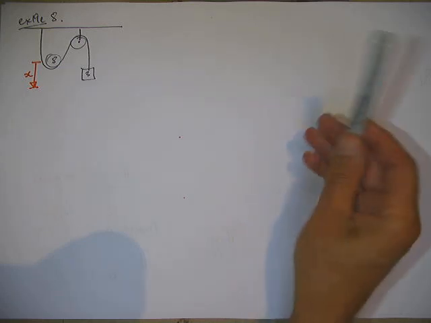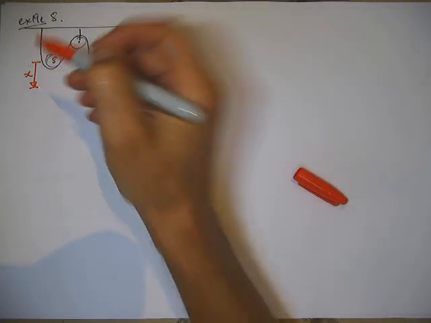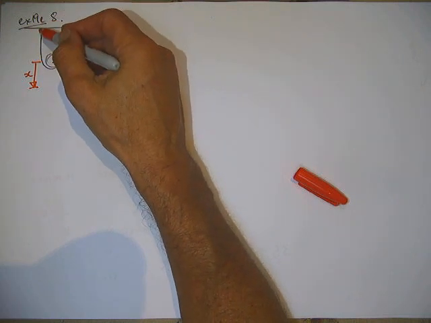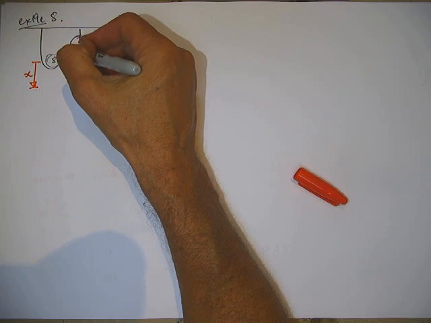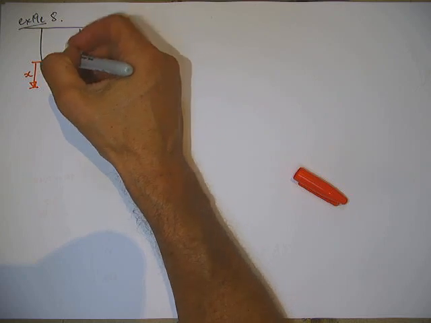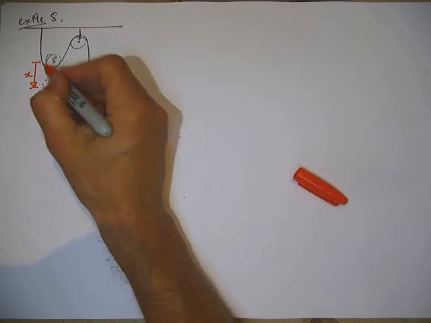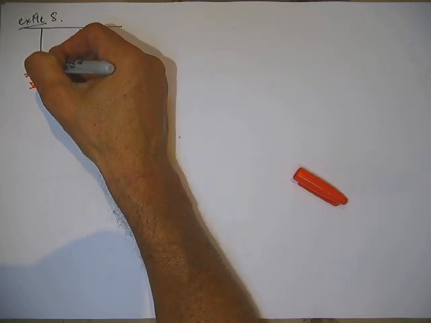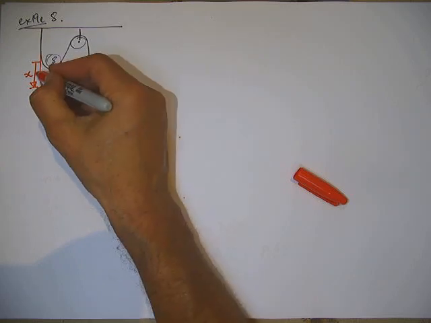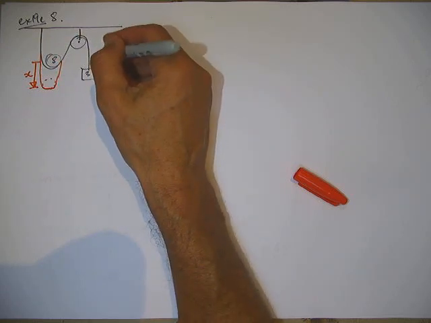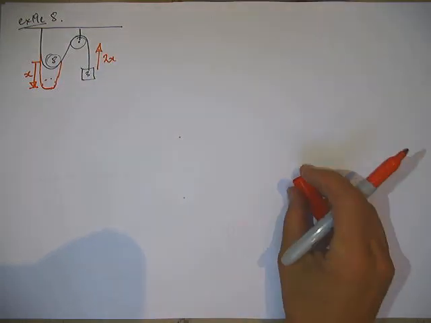First part of the question, A: if that cylinder moves down X, the first thing to notice is this side of the string needs to get longer by X, and this other side needs to get longer. For this object to move down to here, the string needs to be longer by X here and X here, which means this one has to move up 2x.